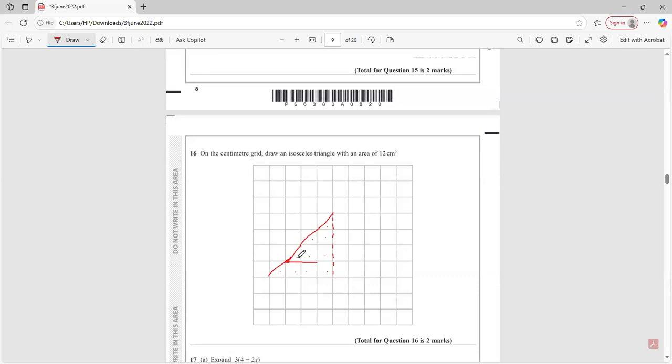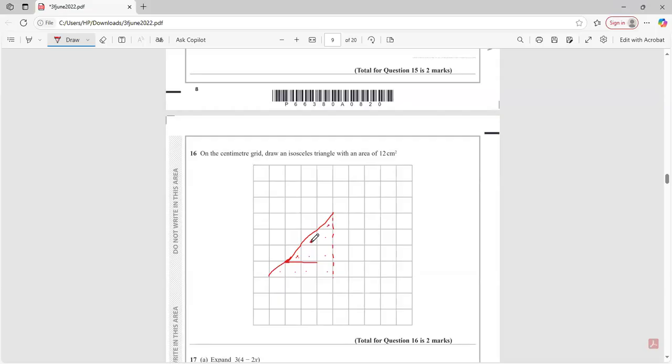Let's see what I have now. 1, 2. Oh, so the thing is, this is not equal. That's the issue now. I have 1, 2, 3. Okay, I think I have an idea now how I'll get it.